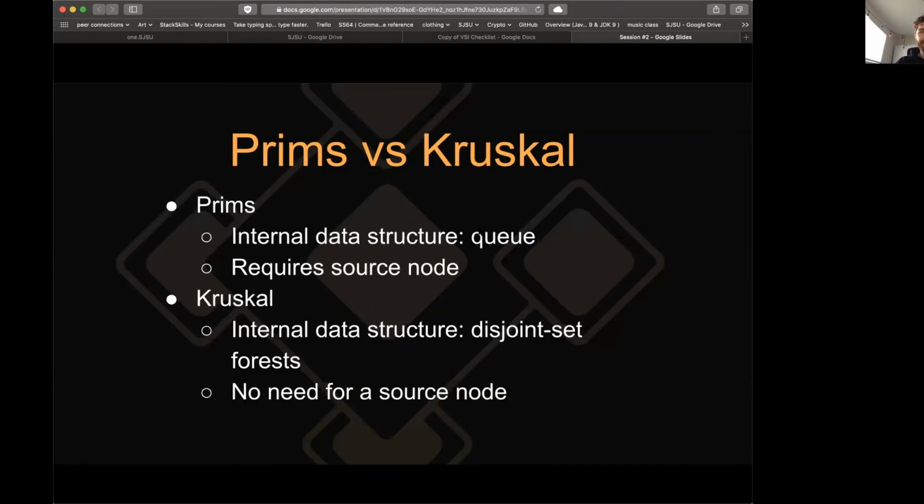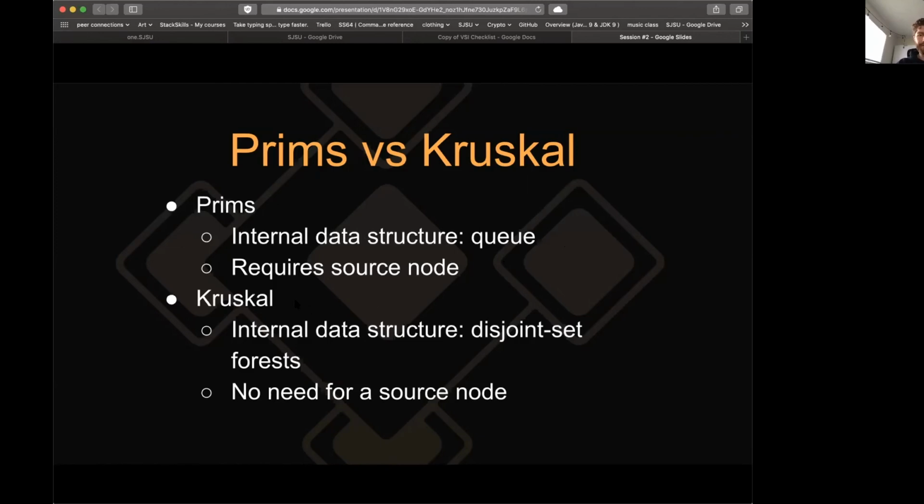So for Prim's algorithm, the internal data structure is a queue, specifically a minimum priority queue. And for Prim's algorithm, we need a source node. We need to start the algorithm by telling it I want to start the minimum spanning tree from A or B, whatever the source is. I need to specify a source.